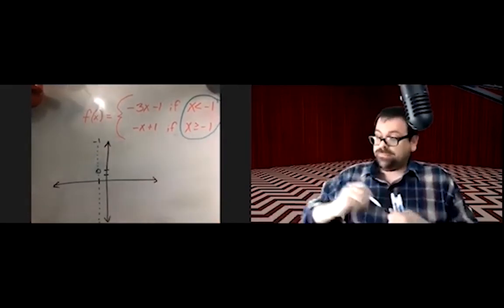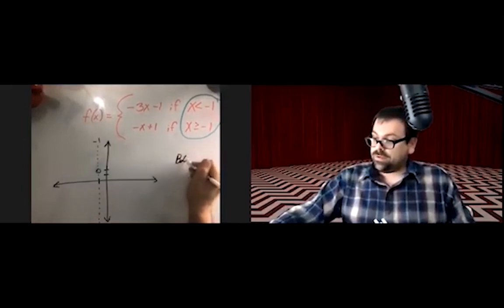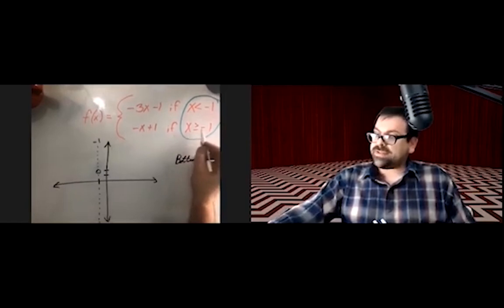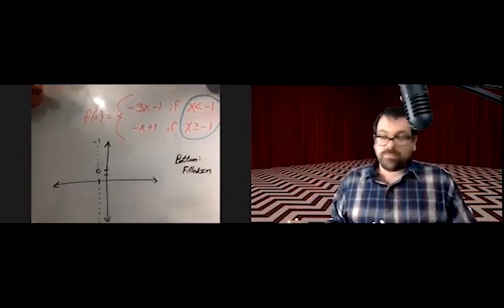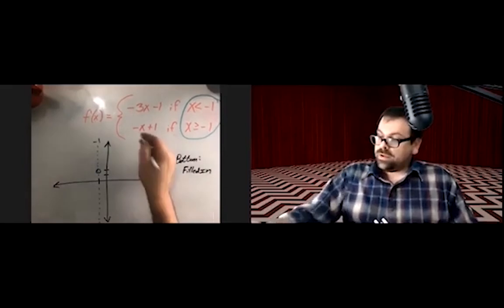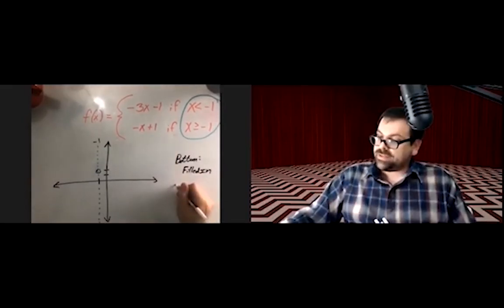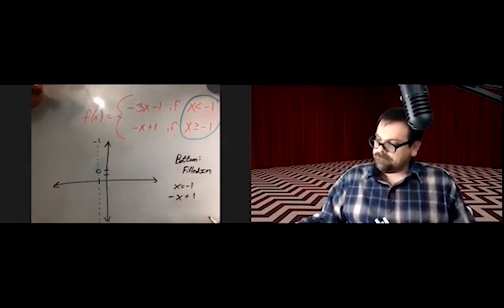Now for the bottom. Since it's x greater than or equal to, this one is filled in. And I'm going to test x equals negative 1 in negative x plus 1.